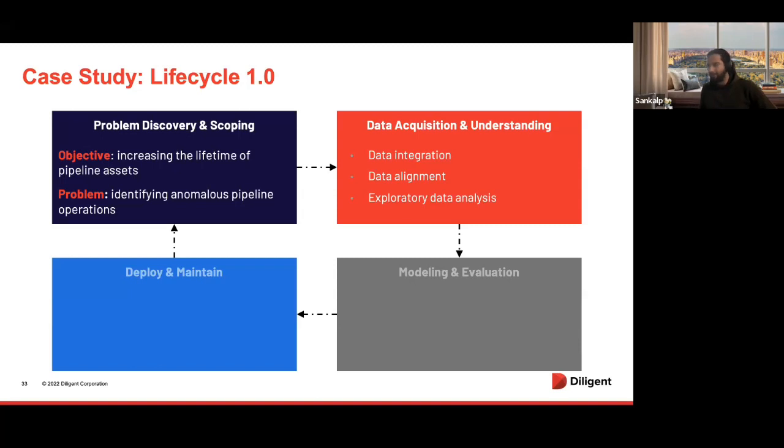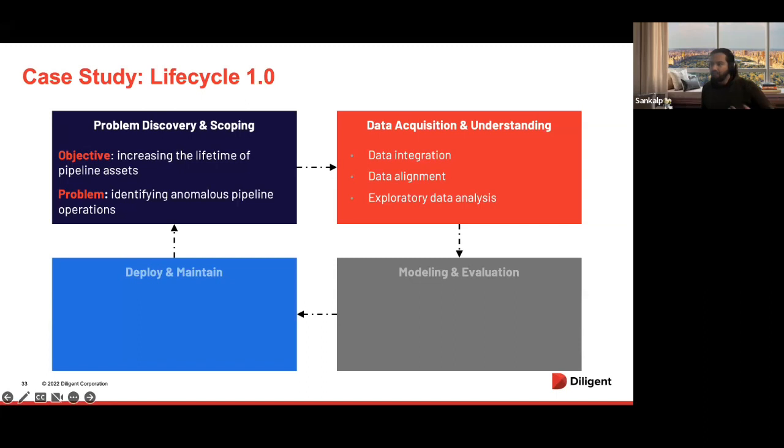For example, you could have flow rates, vibration, things like pump frequency, RPMs, density of the liquid that is being transported. There could be several different data points that you're looking at. And depending on who owns the data, you might have to talk to different teams, get the required access levels and permissions to integrate and align data points.